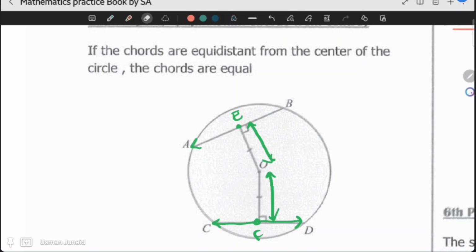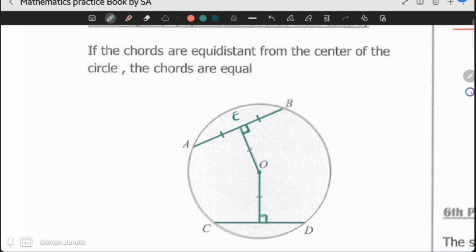If chords are equidistant from the center, so the line drawn from the chord to the center would be equal. And again, here it will be 90 degrees. These two will be equal.